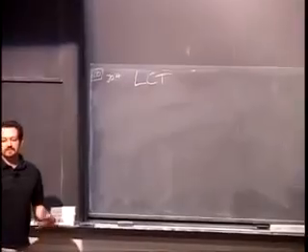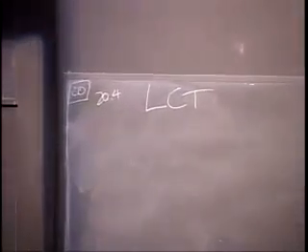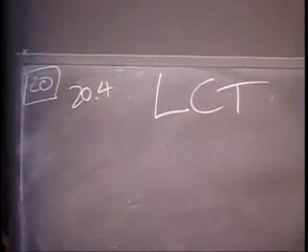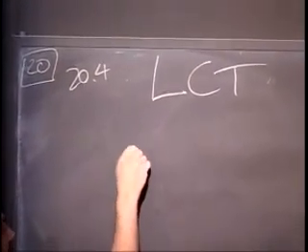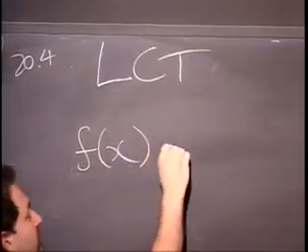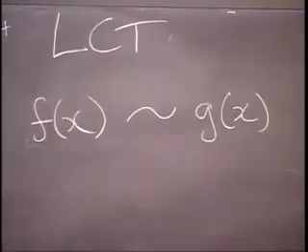In order to motivate this test, let me define a new nice notation. I'm going to have two functions, f and g, and I want to define a twiddle. This is called a tilde, of course.